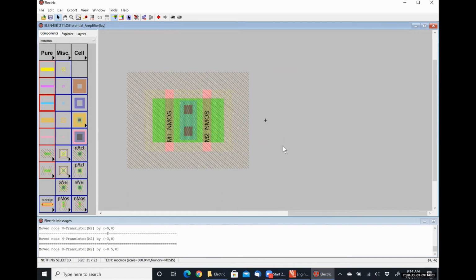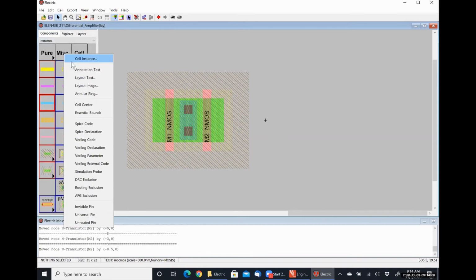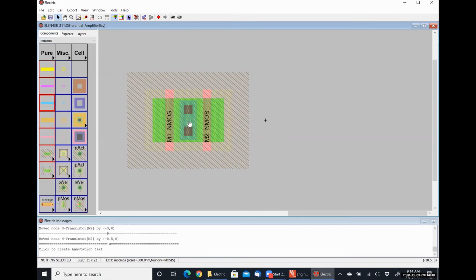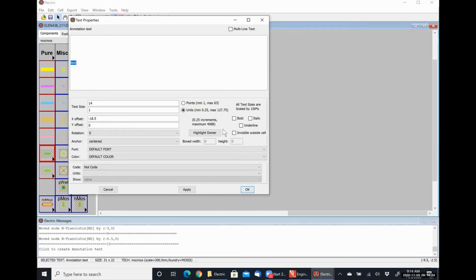All right. And I'm going to put a label here in the middle that's letting you know that this is the, no, that's not what I wanted. Control, left click, control, left click. Finally have the text selected. This is the source of transistors M1 and M2.